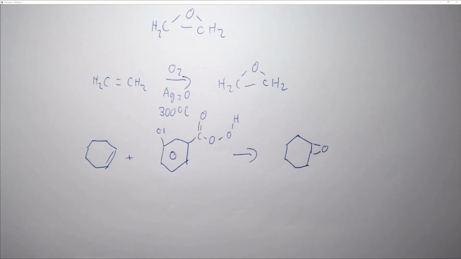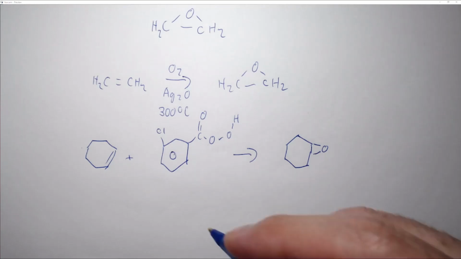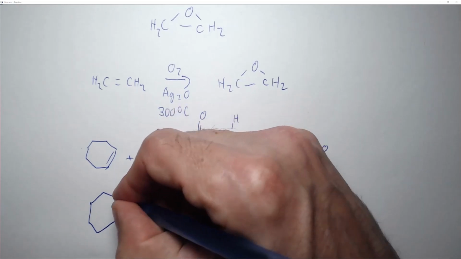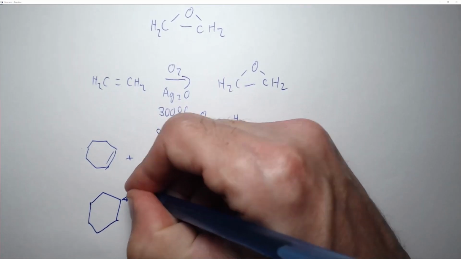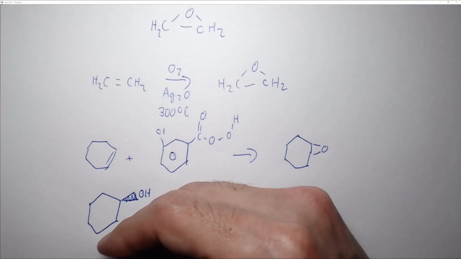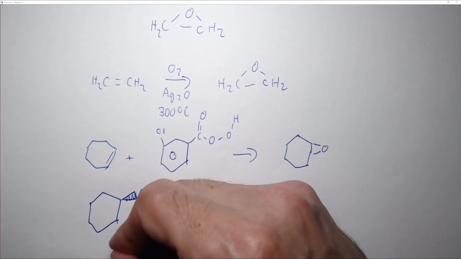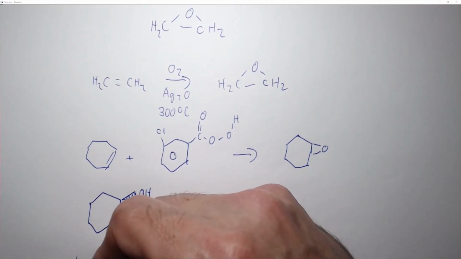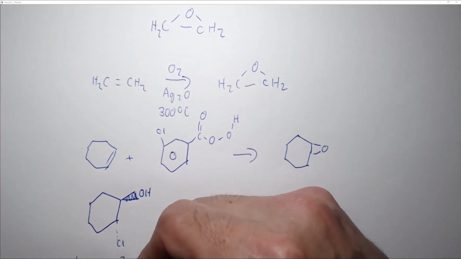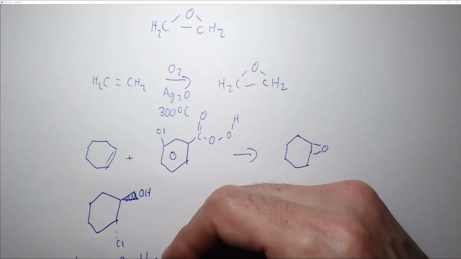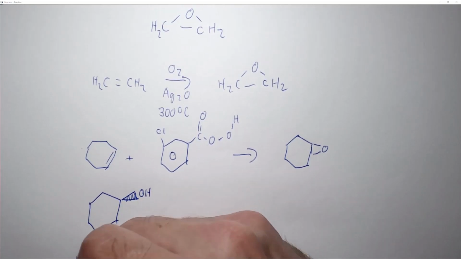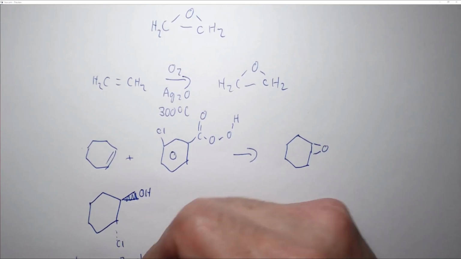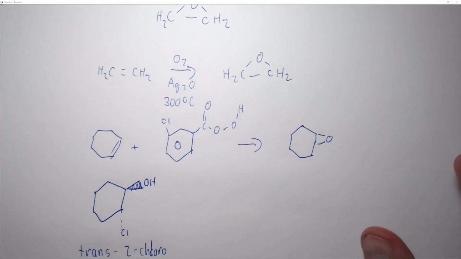A final method that is presented is to take something like this. Here we have an OH group sticking off the ring and a Cl group here. So we have trans-2-chlorocyclohexanol.